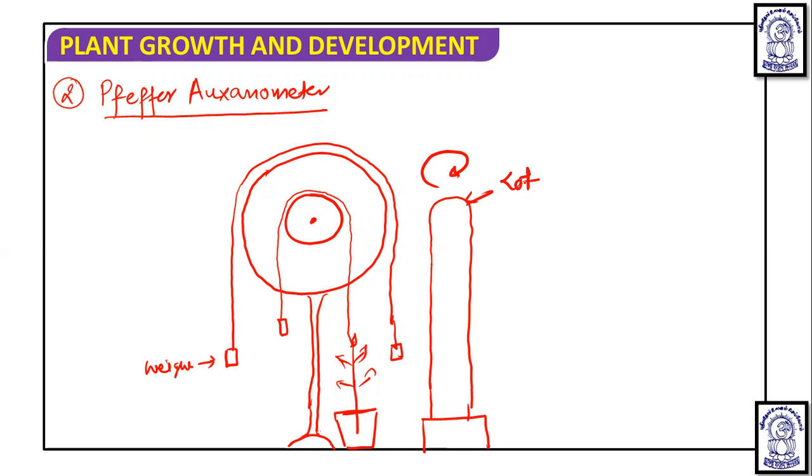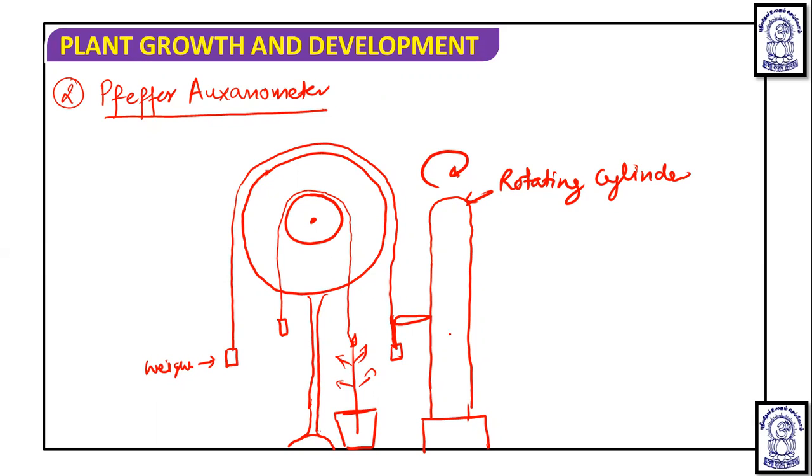So it is a rotating cylinder, and over this rotating cylinder one black ash paper is coated, and here one pointer is attached with this thread of this larger pulley.